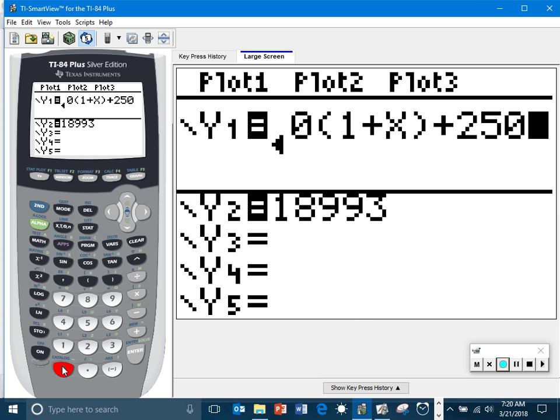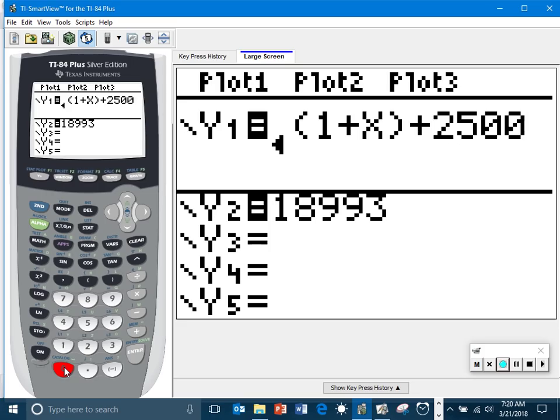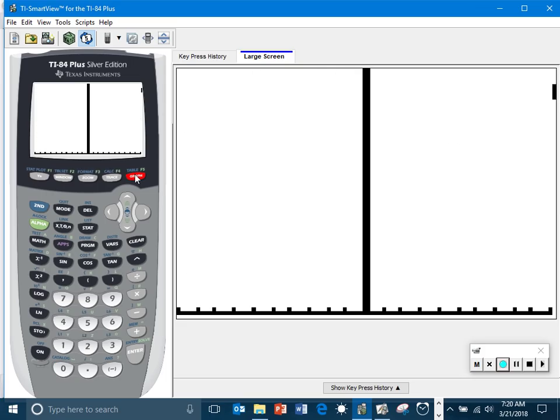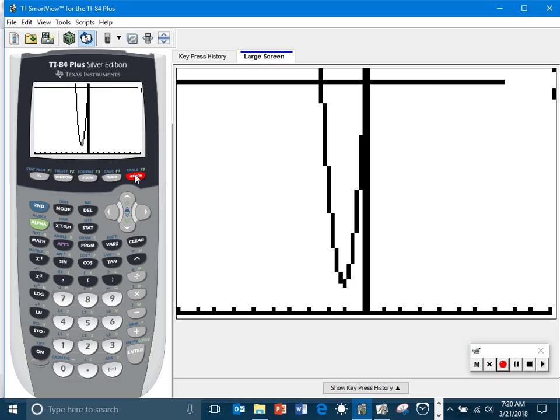So now the 1 is already in the problem. So I'm going to graph it. It's still going to give me my parabola. Here comes the line for the $18,993.